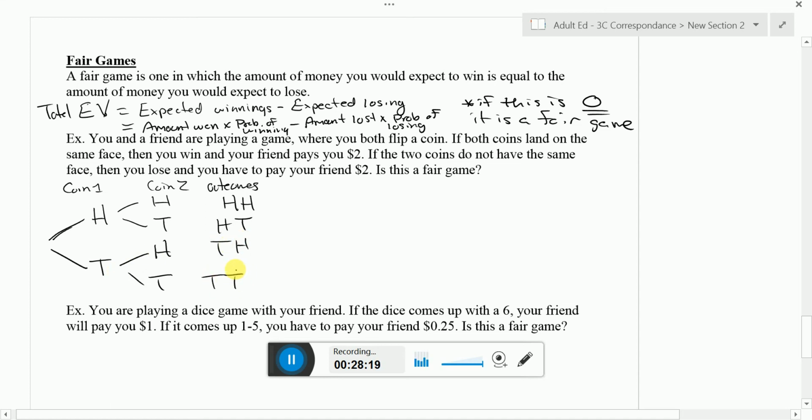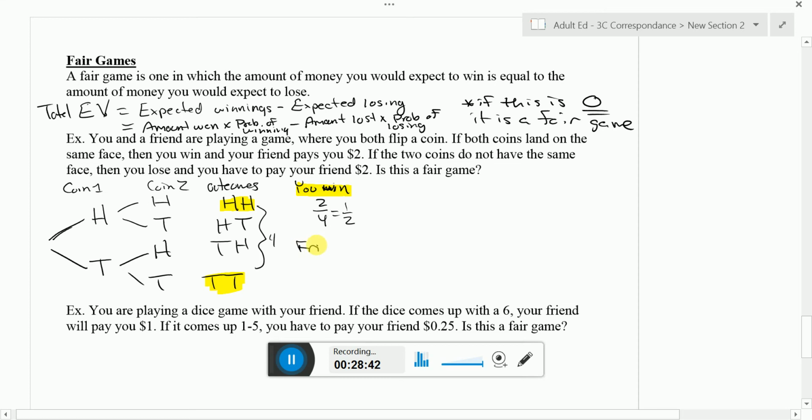And then tails, tails. So you win when both faces are the same. So both are heads or both are tails. There are 4 outcomes in total. You win 2 of those 4 times, or half the time.